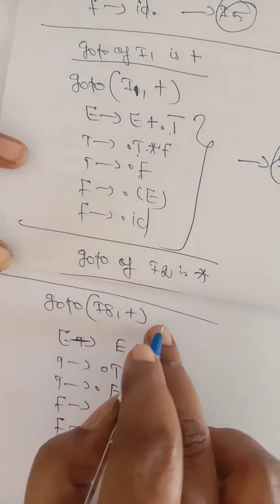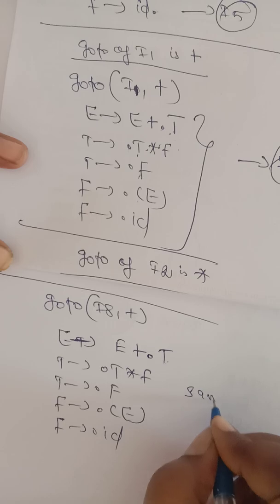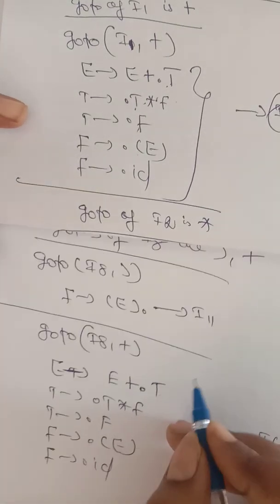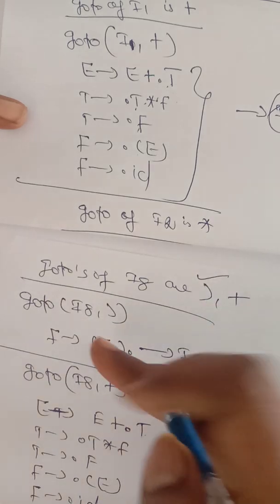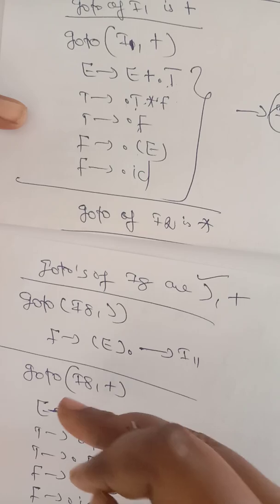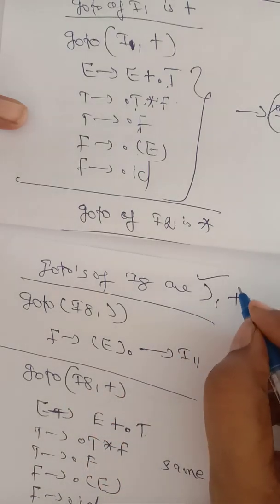So I8 comma plus is the same as I6. So go to of I8 comma close bracket over, go to of I8 comma plus over.